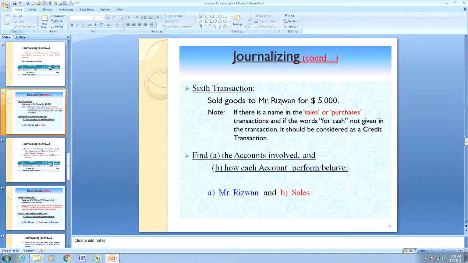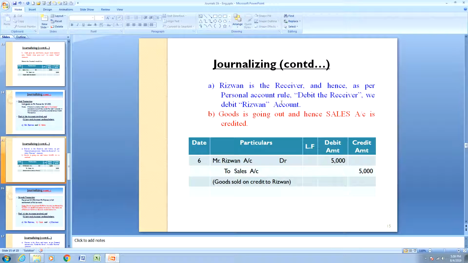So therefore, the accounts here are Mr. Rizwan and sales. Mr. Rizwan is the receiver of the goods, and hence as per personal account rule, debit the receiver, we debit Rizwan account. Goods are going out, and hence sales account is credited. The journal would be Rizwan account debited $5,000 to sales account $5,000.